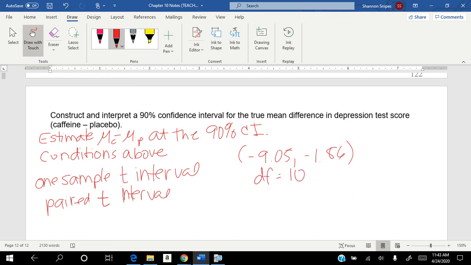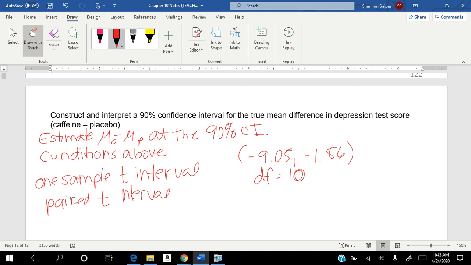We are 90% confident that the interval from negative 9.05 to negative 1.86 captures the true average difference in depression scores. I'll say it again in case you're writing. We are 90% confident that the interval from negative 9.05 to negative 1.86 will capture the true average difference in depression scores.